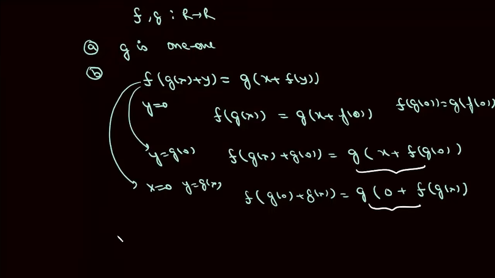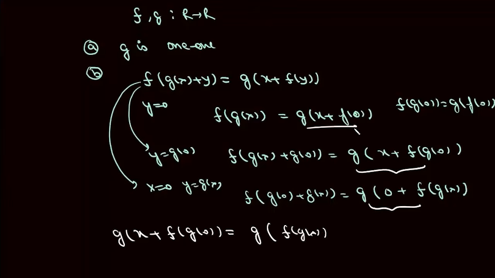Then we can get g(x + f(g(0))) will be equal to g(f(g(x))), and f(g(x)) is g(x + f(0)). So it will be g(g(x + f(0))).